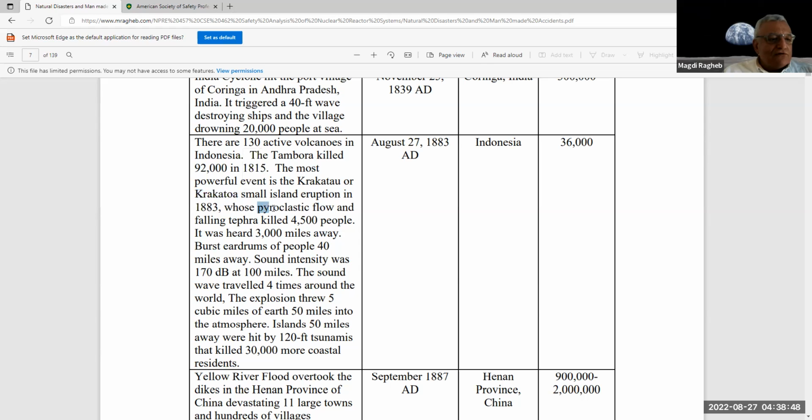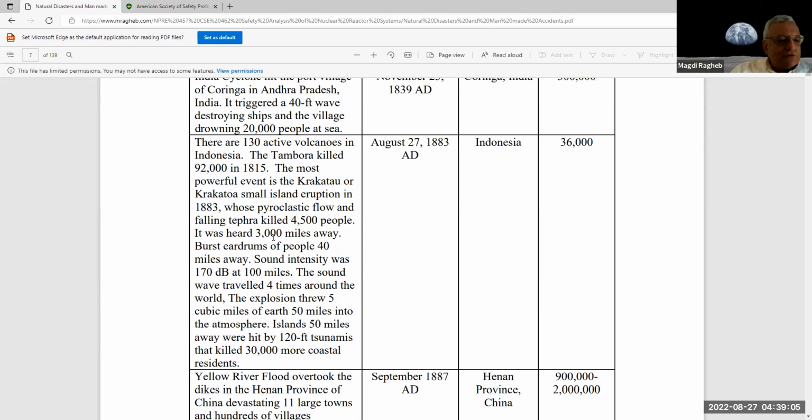The pyroclastic flow, pyro in Latin means fire, is basically hot gases that come down the flanks of a volcano and can totally burn villages and destroy the whole thing.